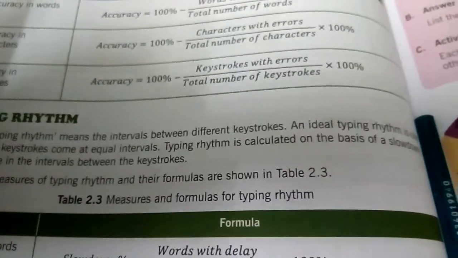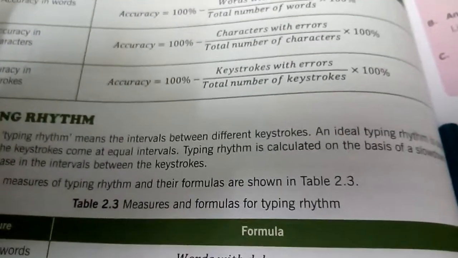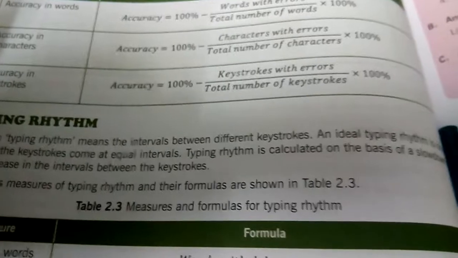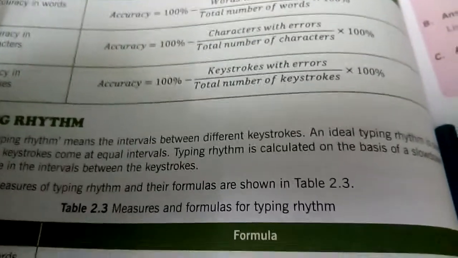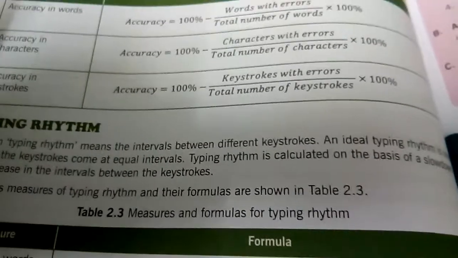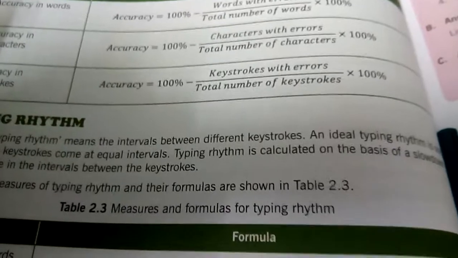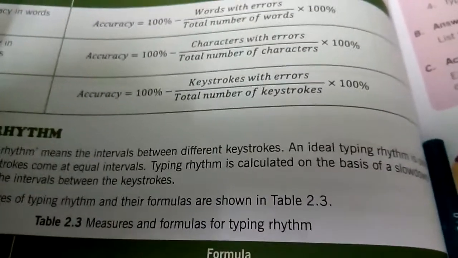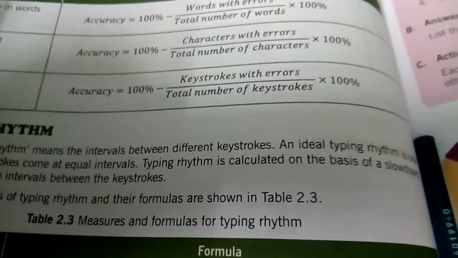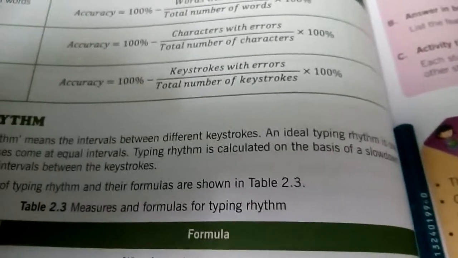Between the first P and the second P, the interval should also be 1 second. Then between the second P and L, also 1 second. Then you can see a rhythm.